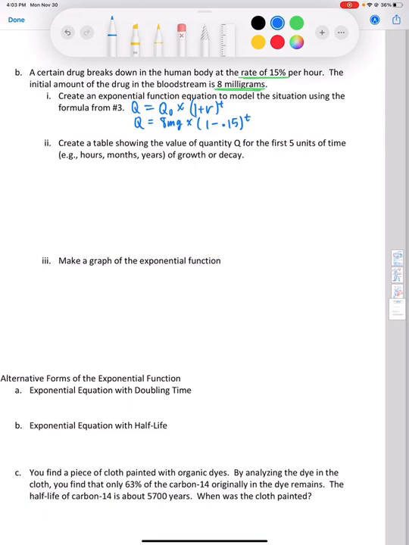Okay, then q will then equal 8 times 0.85 to the t. So there is our equation, function.